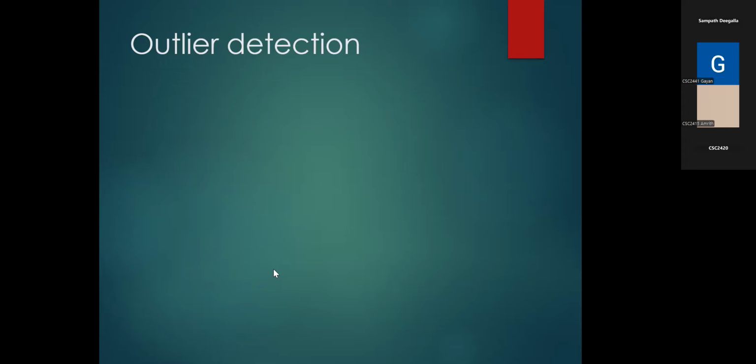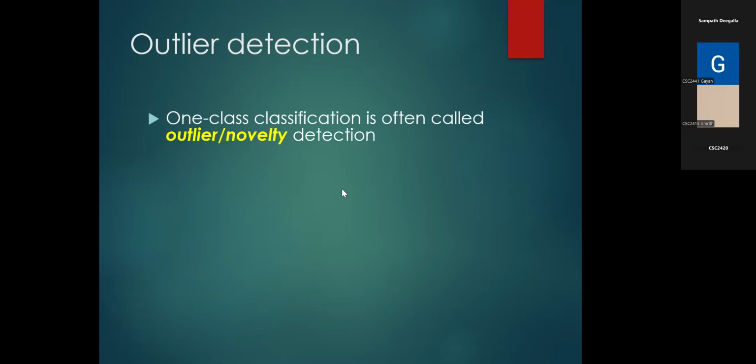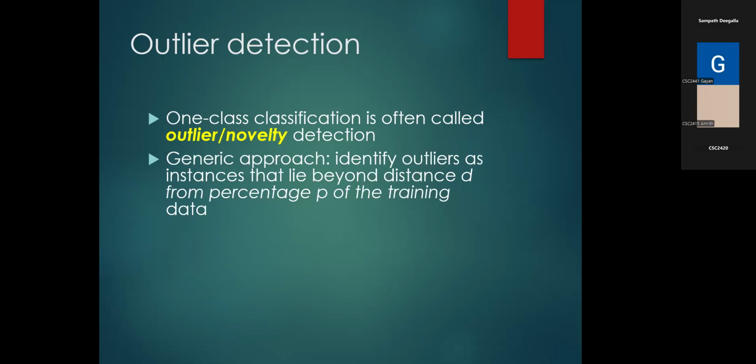Next, another idea, a separate idea that I'm going to discuss, is called outlier detection. The one class classification that we have discussed earlier, we can use it as outlier detection, right? You can use the data and the data spread, and if a data point is beyond some point, then we can say it's an outlier.